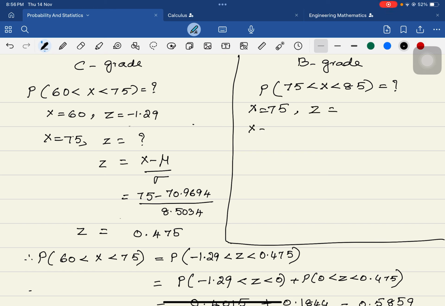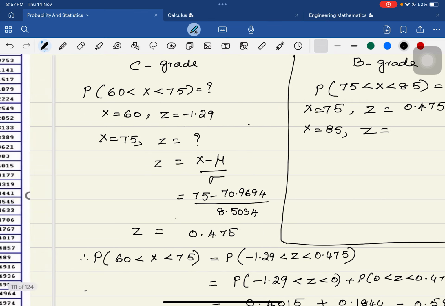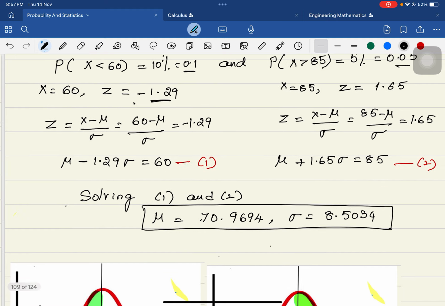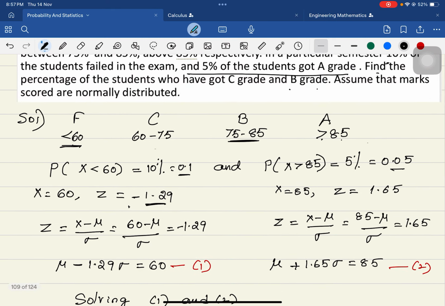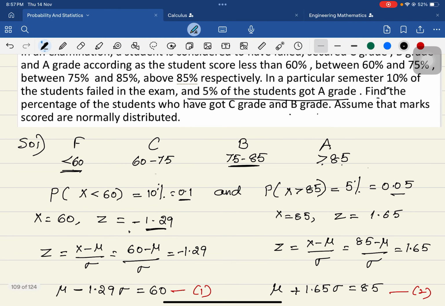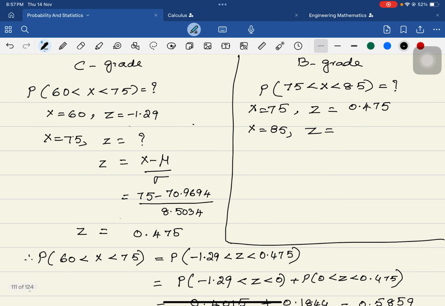And if X is equal to 85, what is the corresponding value of Z? When X is 75, already we got the value of Z, which is 0.475, correct? And when X is equal to 85, we have done already, when finding out the A grade. When X is 85, the corresponding value of Z is 1.65.